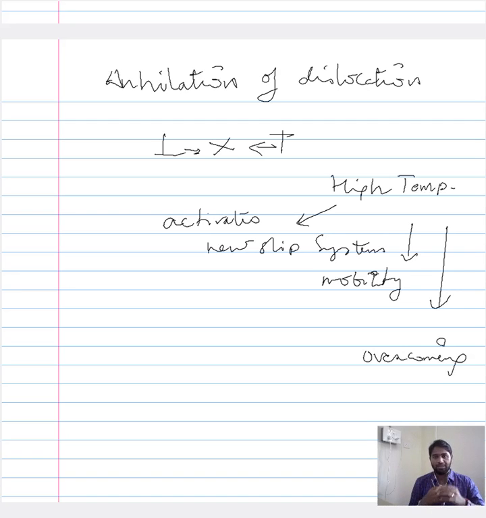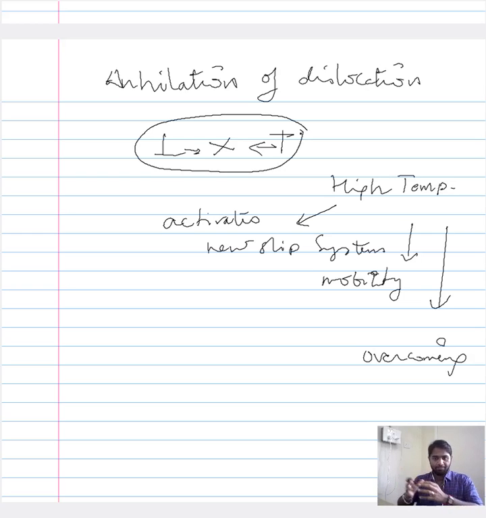Therefore, a given edge dislocation, instead of propagating in one slip system, now has the possibility of propagating in several slip systems. When there is increased mobility and the dislocation is propagating in different slip systems, the positive and negative interaction proportionately increases.